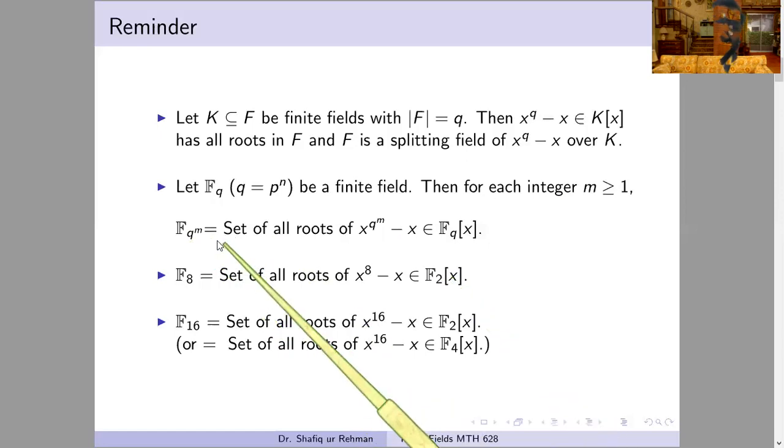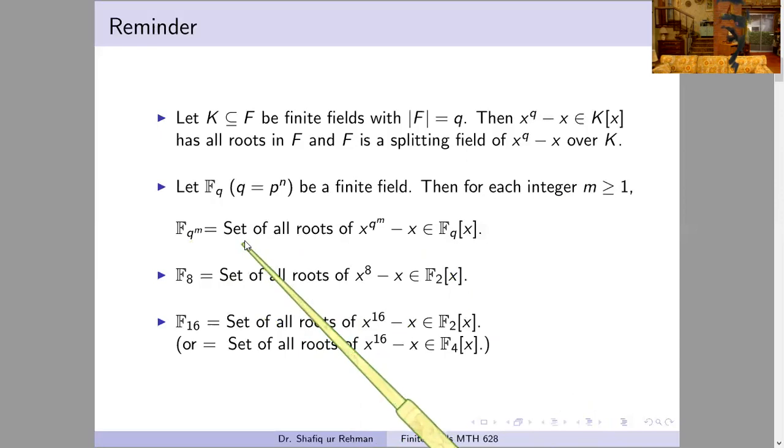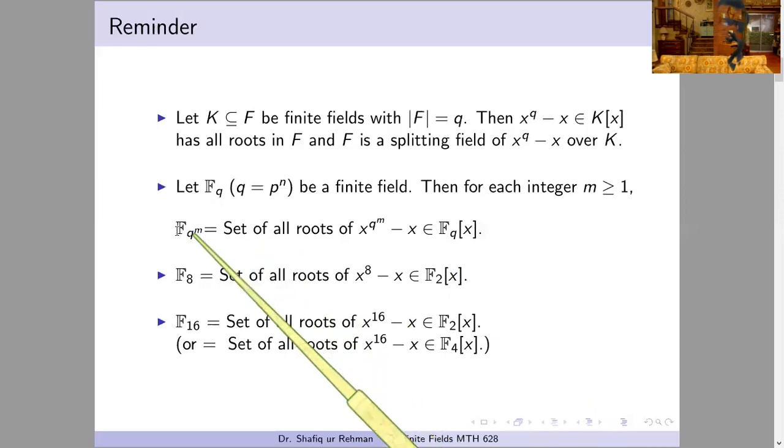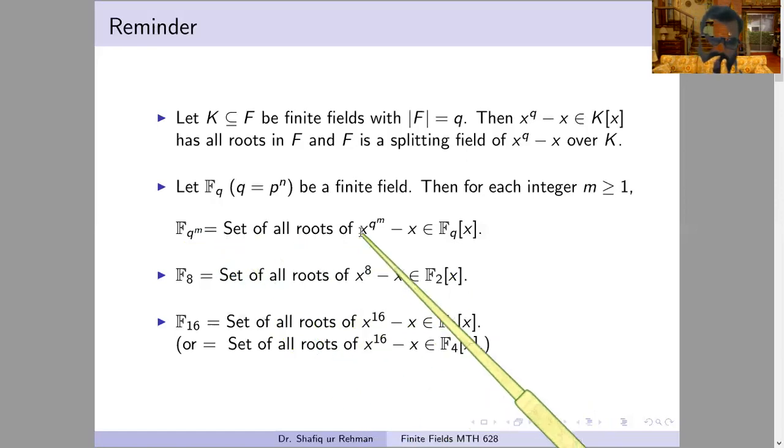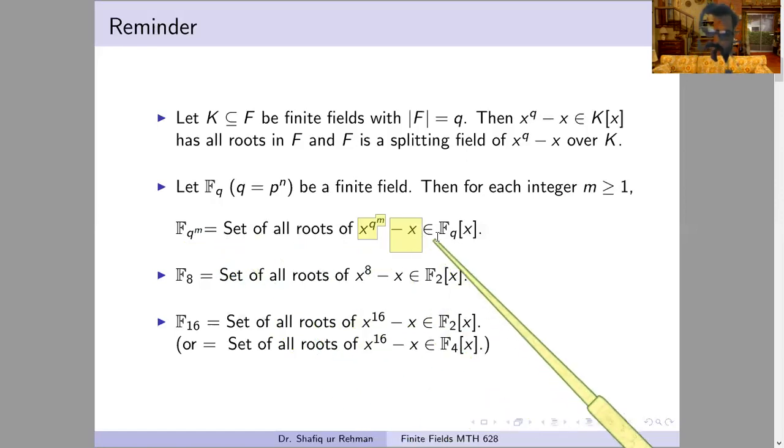And in fact, we know that all the roots of this polynomial will be exactly the field F_(q^m). So every finite field F_(q^m) can be seen as the set of roots of this polynomial over the field F_q.